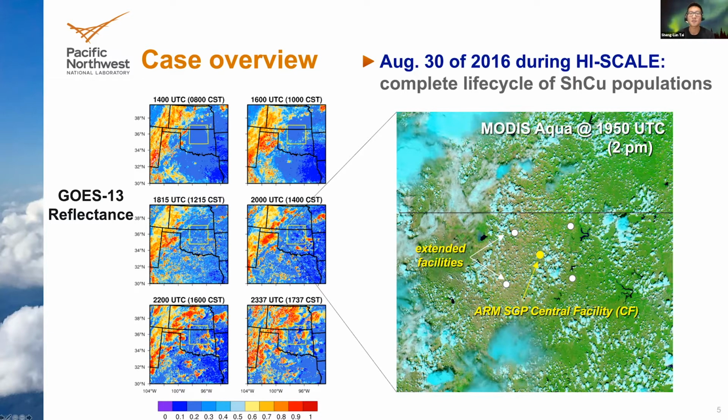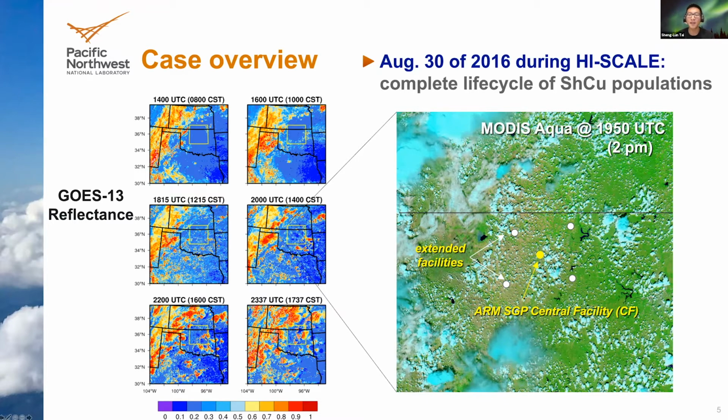From the snapshots of GOES-13 on the left, we can see in the yellow box near northern Oklahoma, it was basically cloud-free in the early morning. Then over time, the shallow cumulus populations form and transition to deep clouds in the afternoon.